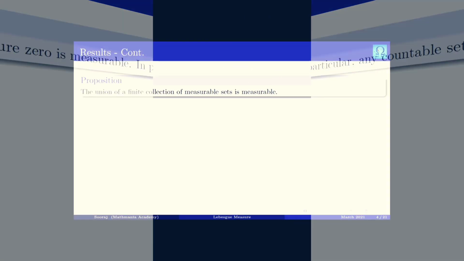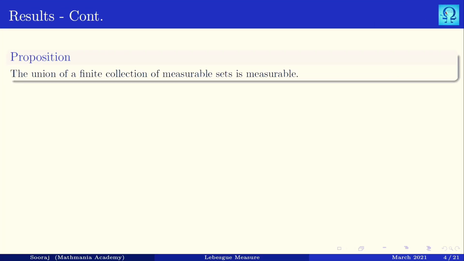Now let us move to the next one. That is, the union of a finite collection of measurable sets is measurable. In order to prove that, what is the ideology that we are going to implement here? First of all, we will take two measurable sets, namely E1 and E2, and we prove E1 union E2 is measurable. Next, we just extend this ideology. That is, you can make use of induction on the value of n.